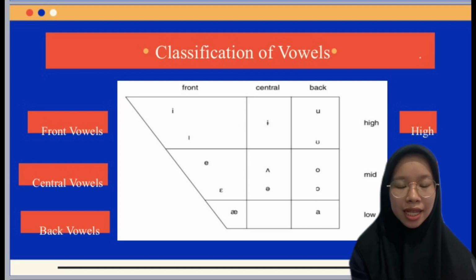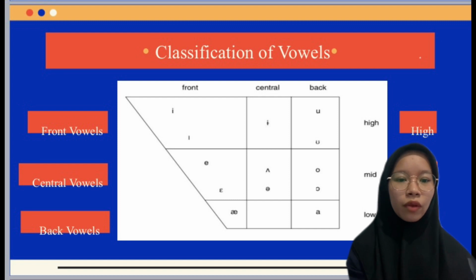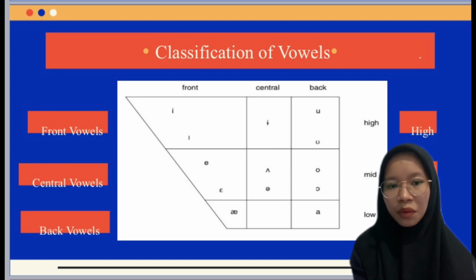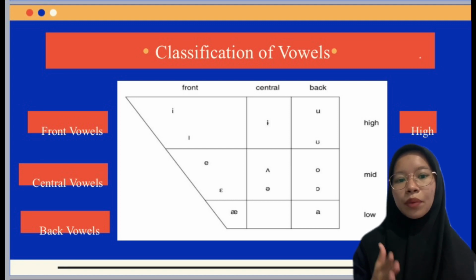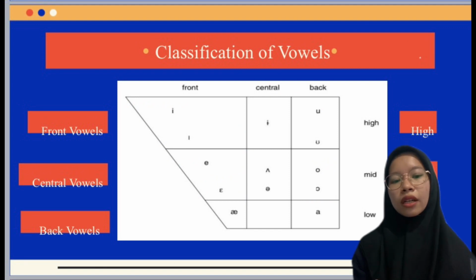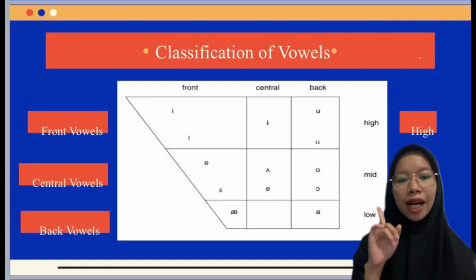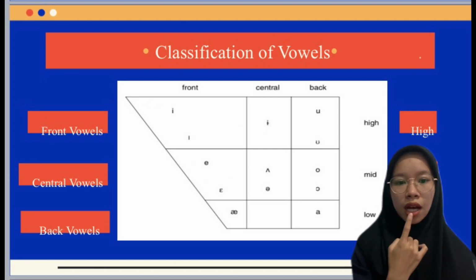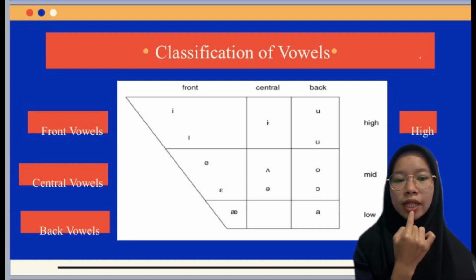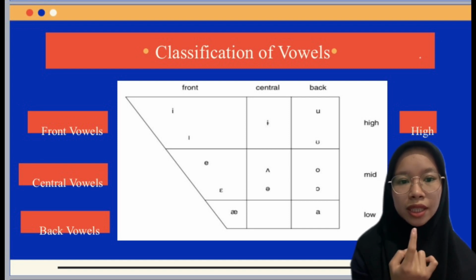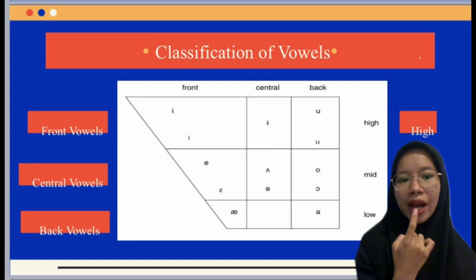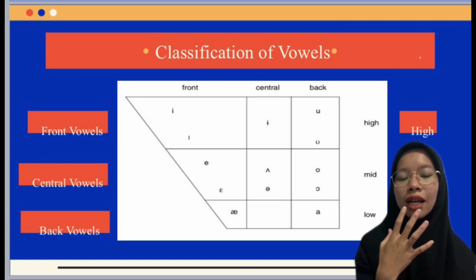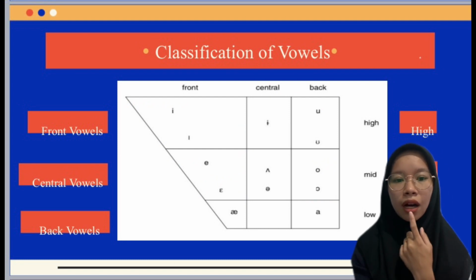Because the tongue has a very important role in pronouncing vowels, the height of the tongue will determine the sound produced. Therefore, here are some groupings of the tongue height in the pronunciation of vowels. First is high. The tongue will lift upward when pronouncing high vowels. And as the definition suggests, even though it is raised, the tongue doesn't actually touch the top of the vocal tract.